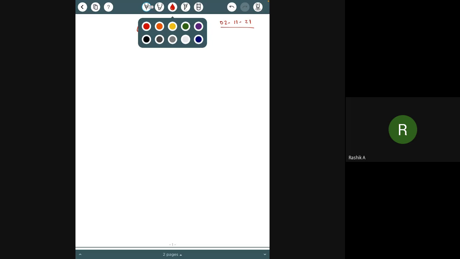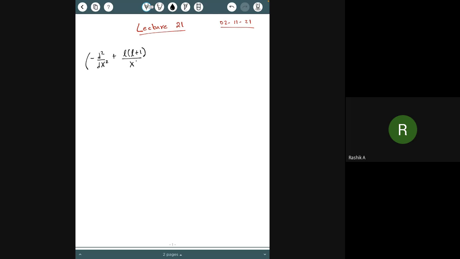So our goal today is to solve this equation. So kappa square is equal to minus E0 by 2Z square.